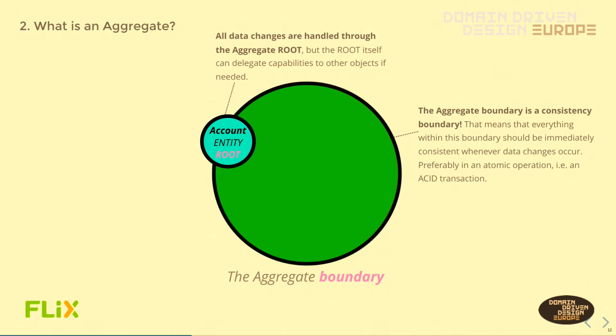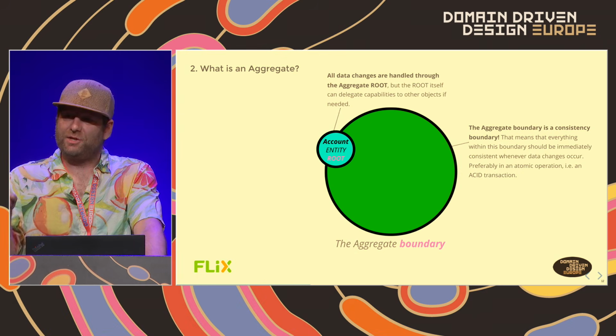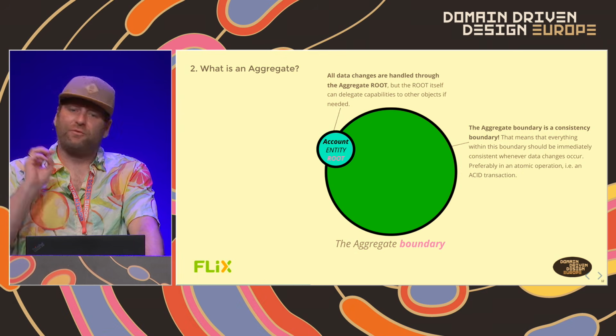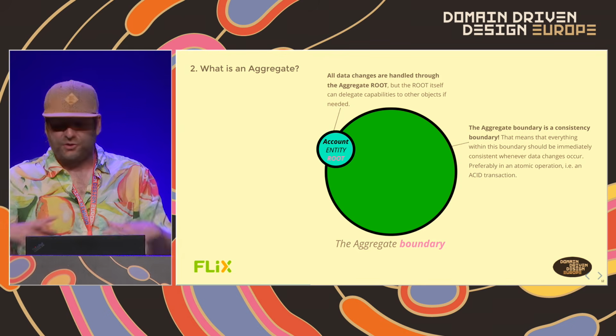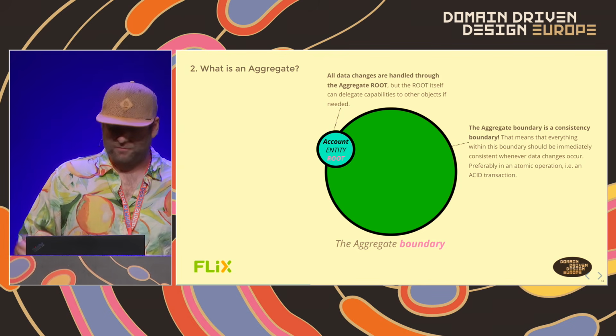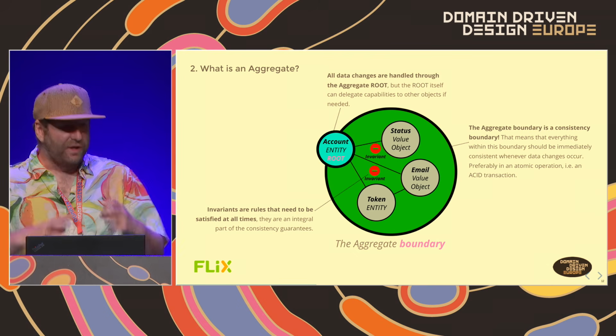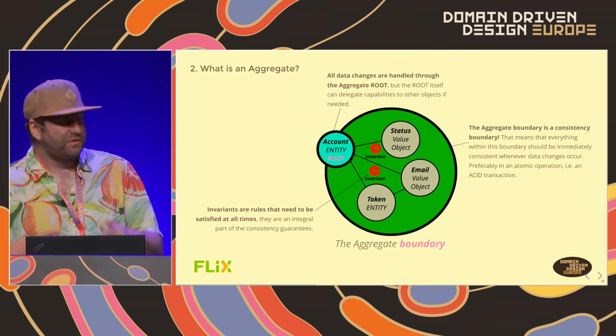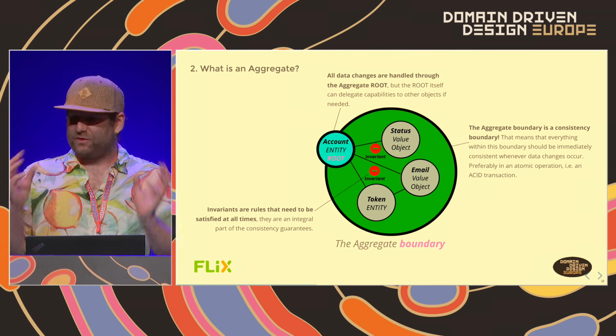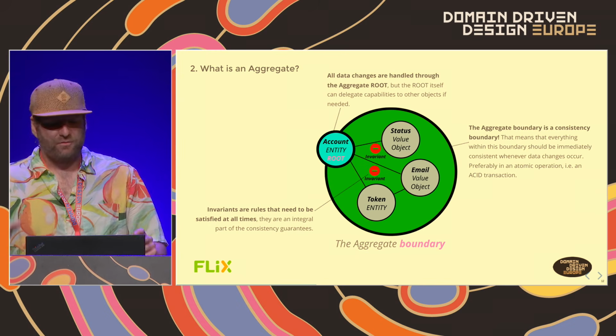The aggregate root is the doorkeeper that guards the entry path from the outside to the inside of the aggregate. So all of these data changes are handled through the root. And of course, it's not just the root that does everything. The root can delegate to things inside the boundary. It's a closely related group of objects. It's a closely related group of models.